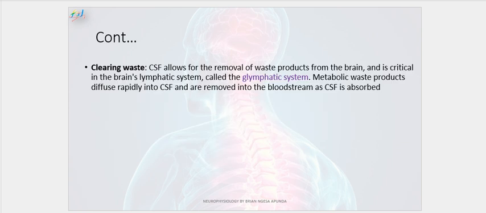Of course, it is very important in clearing the waste. We've been able to propose that this is an alternative lymphatic system. Some of the organs that do not have a normal lymphatic system is the brain, but alternatively, it employs the CSF to partake that role, where it can be referred to as the brain's lymphatic system. So we've been able to see it offering an alternative way for the drainage of fluid.